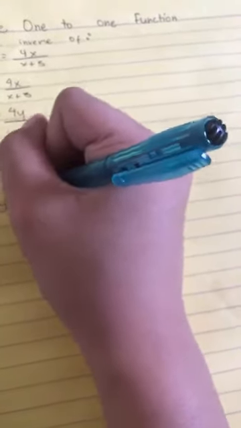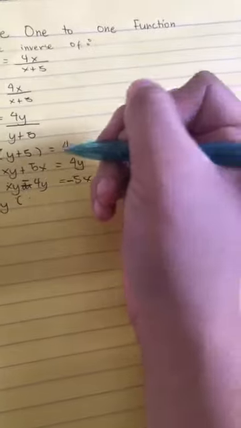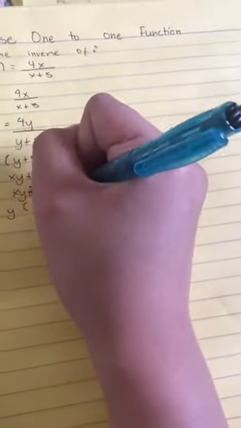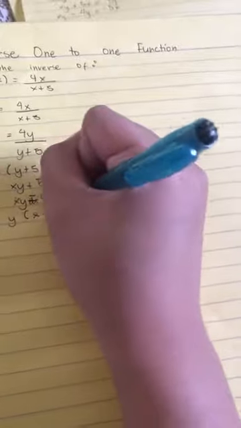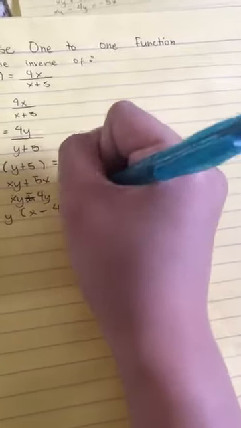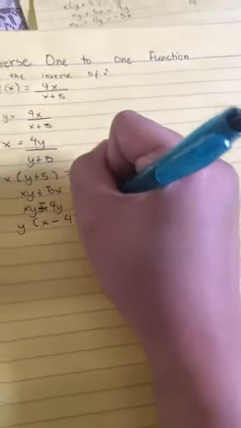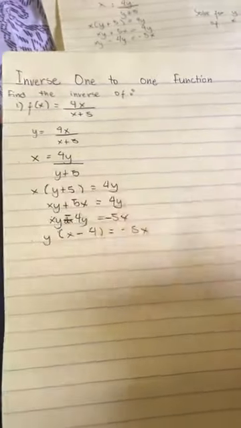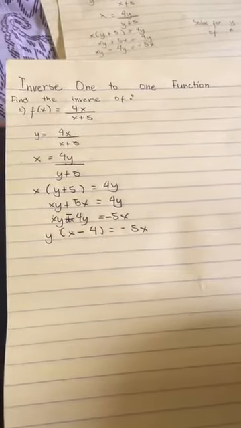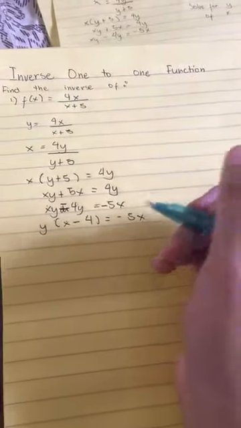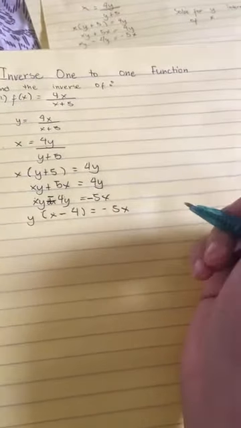So this is how we are going to do it. xy divided by y is x, minus 4y divided by y, we are going to have 4, in parenthesis, equals 5x. Now after we have that, we divide both sides.